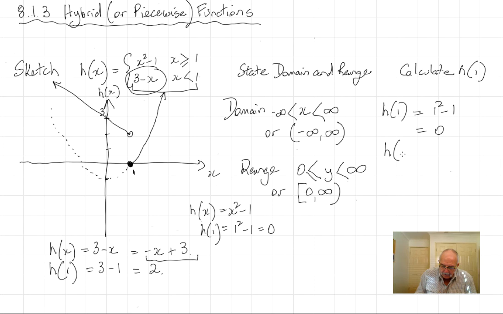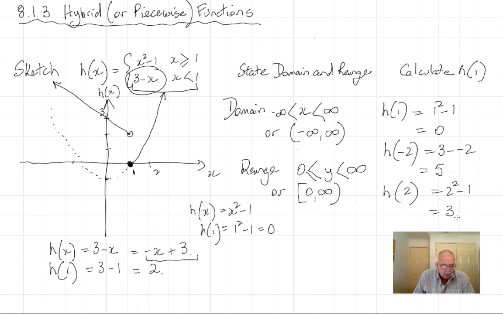So we're asked for h of negative 2. Negative 2 is out here, so we're going to use this piece of the function. So that would be 3 minus negative 2, and that would be equal to 5. And if we had h of positive 2, there's the point 1, there's the point 2, so we're going to use this part of the function. We would have 2 squared minus 1, 2 squared is 4, minus 1 is 3.